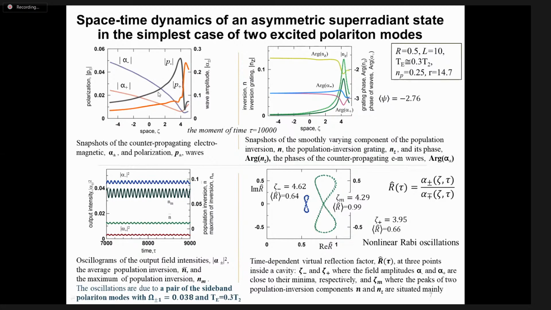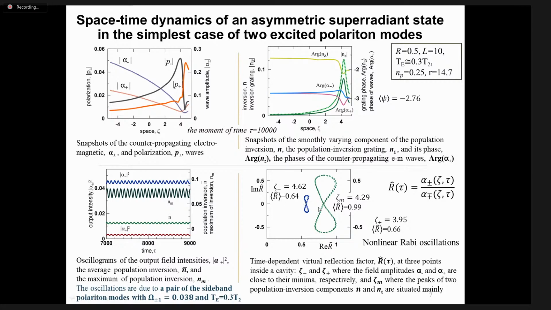And so approximately we can apply our analytical solution, and we see that these solutions give rise to the asymmetric lasing. This ratio is, of course, a complex value due to different phases of counter-propagating waves, and at different points it can have this kind of periodically oscillating curves, but on average this value is higher than the reflection factor of the Fabry-Perot cavity, and this is the reason why asymmetry appears.